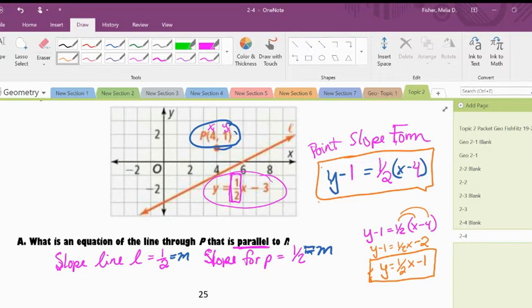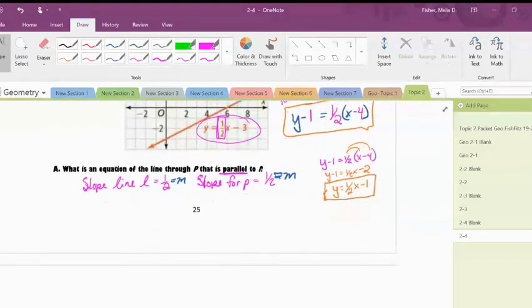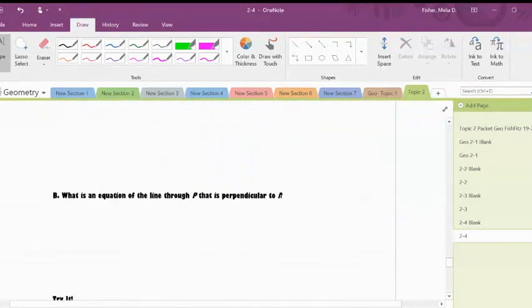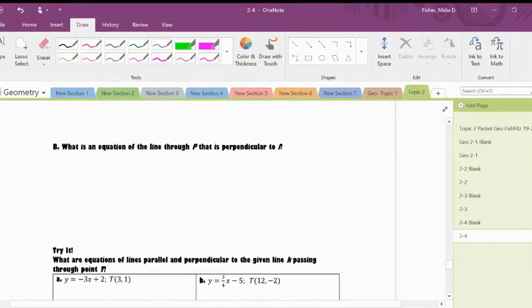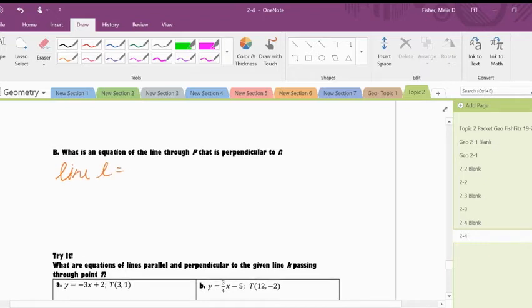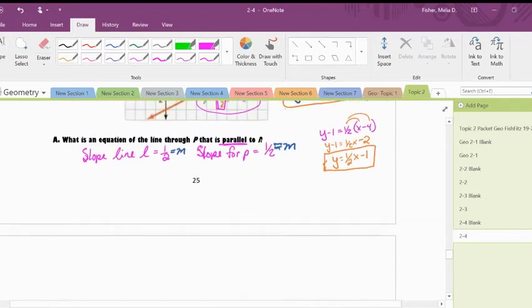On part B, our example part B, this is what is the equation of the line that is perpendicular to L. So we're going to use line L. It had a slope of 1/2, if you recall.